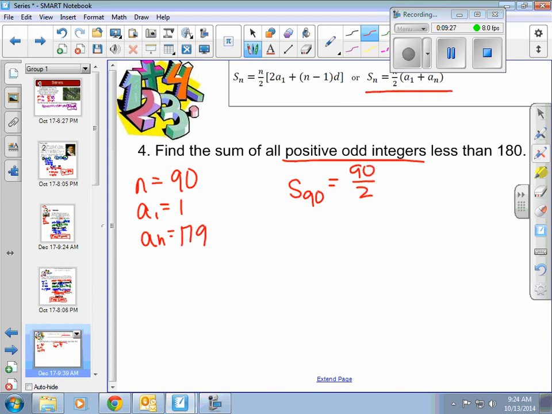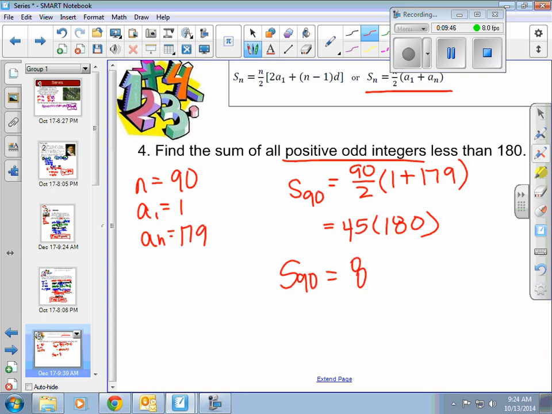We're using this formula here. And then my first term is 1 plus 179. So this would give me 45 times 180. So there'd be 45 pairs of 180. And so my sum of my 90 positive odd integers would be 8,100.